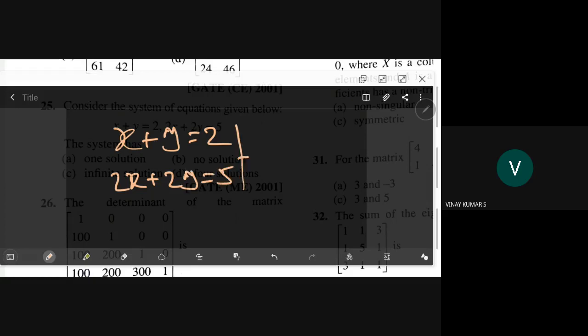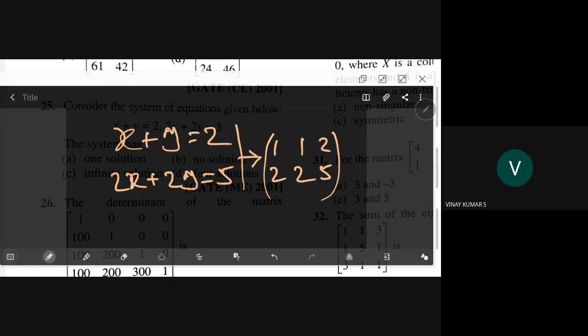So if you look at the coefficient matrix or the augmented matrix, you have 1 1 2, 2 2 5.